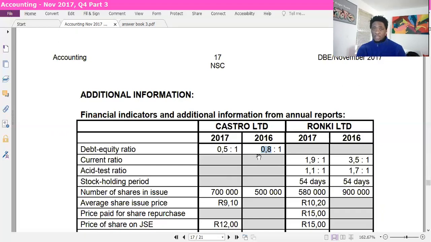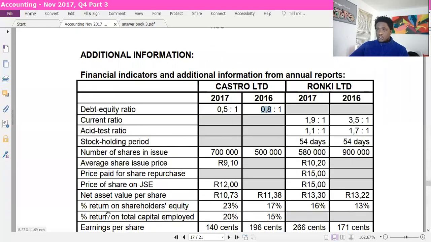They employ the shareholders' capital, but they also employ the capital that they get from financial institutions. And when we look at the debt equity ratio, we also need to look at the return on total capital employed and see how much return we are getting on the capital that we have raised. So if you look at the percentage return on total capital employed, it improved from 15% to 20%.